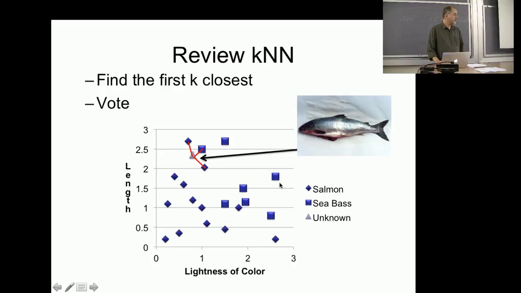If we can turn this thing into some numbers, then we can get it in the computer and represent it in some kind of space of samples. So this is a 2D space of samples, and the two kinds of fish are plotted here as squares and diamonds. If you have an unknown fish, the goal of the k-nearest neighbor classifier is to measure the distance to all the other samples.